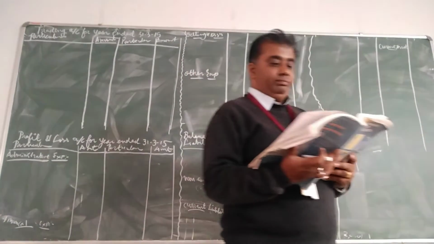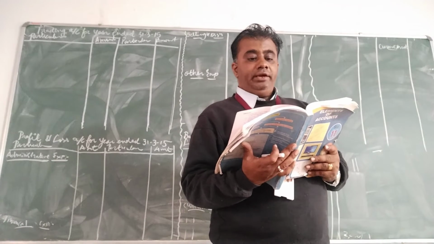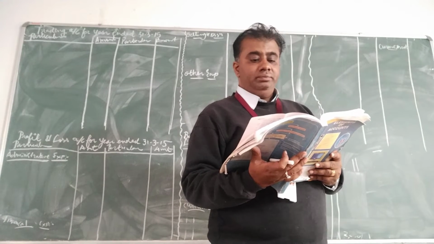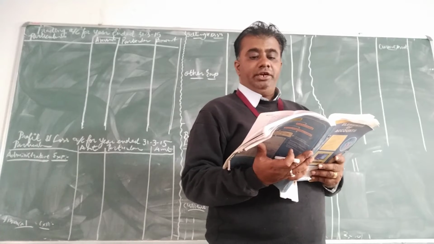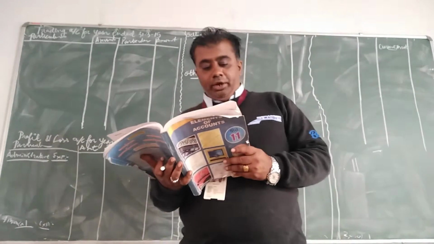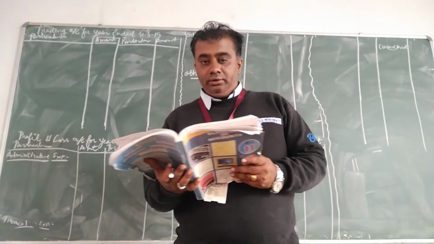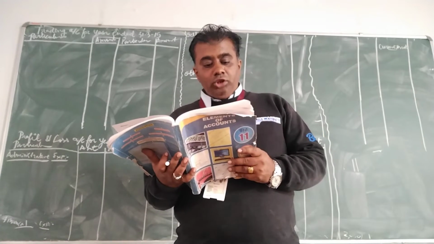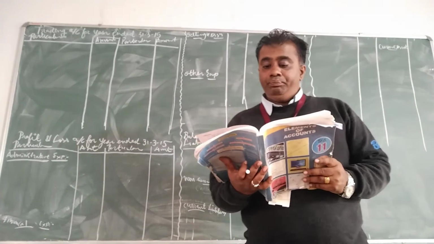Okay, tick mark on it. Then credit purchase 6,000 and credit purchase return 1,000. So make tick mark on purchase and purchase return. Both are given in the trial balance.